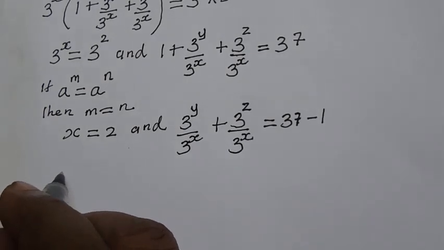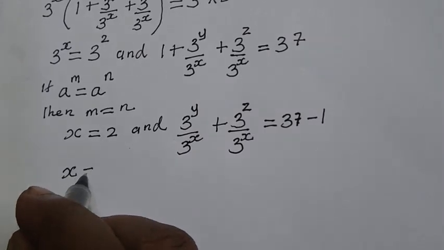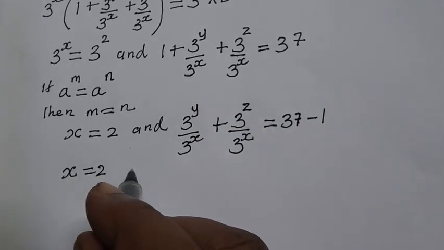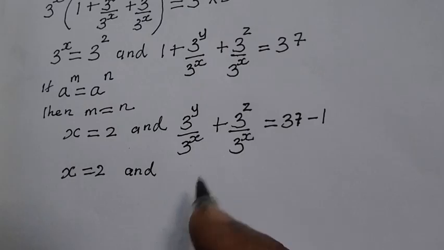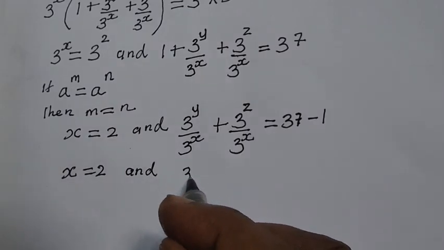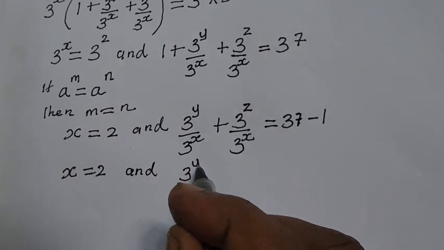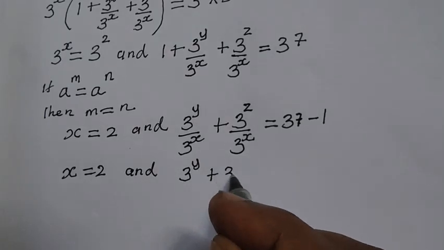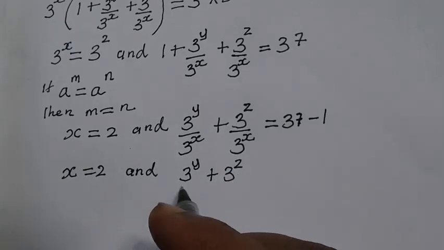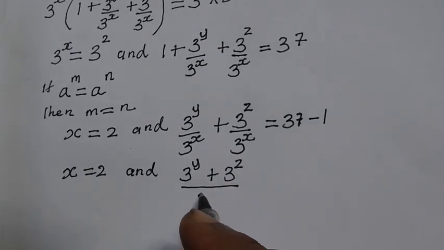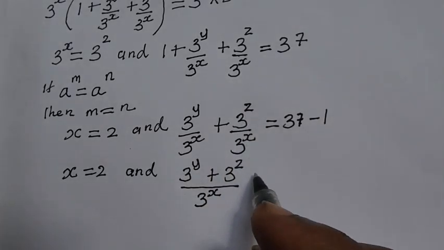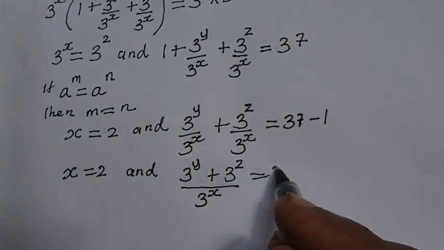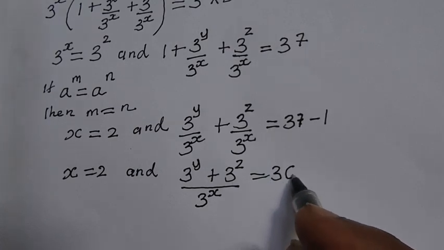So we have x equals to 2, and here we can just write 3 power y plus 3 power z, the whole over 3 raised to power x, since both they have the same denominator, equals to 36.